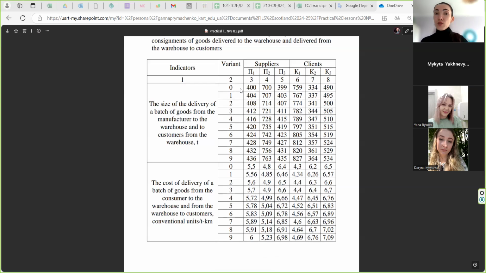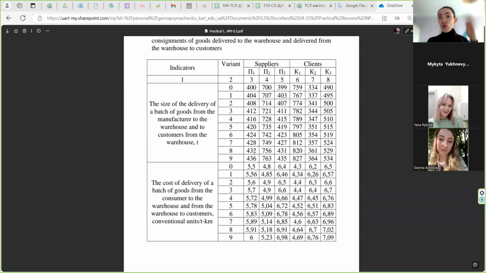For example, for variant 0, it is 400 tons, how much cargo we need to deliver. For the first variant, it is 404. For the second variant, it is 408 tons. And find for your variant in the third column, please. It is our first three parameters for our supplier 1.